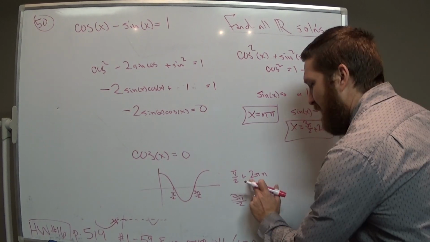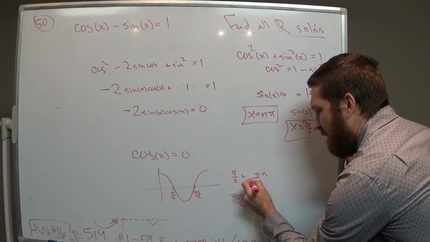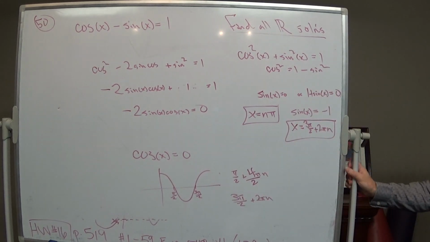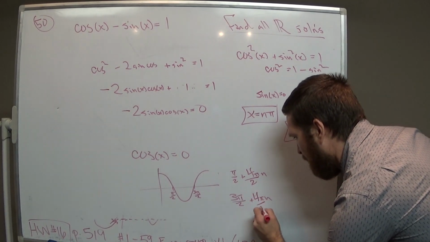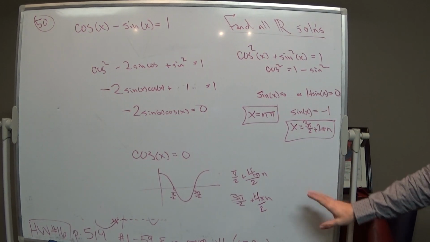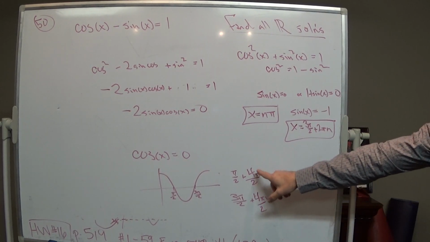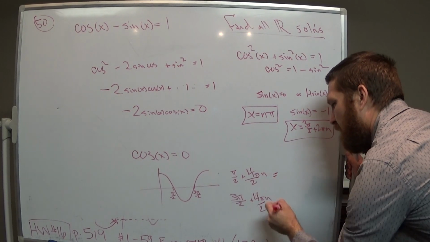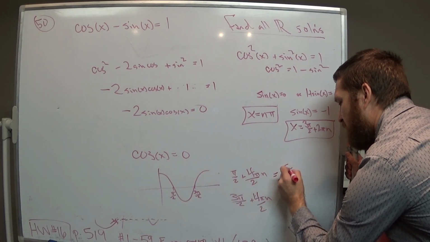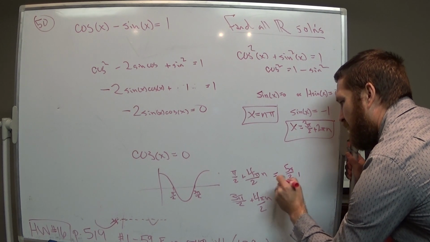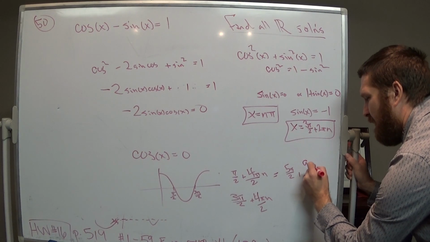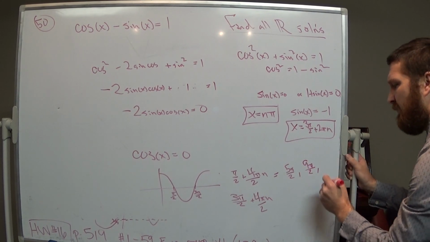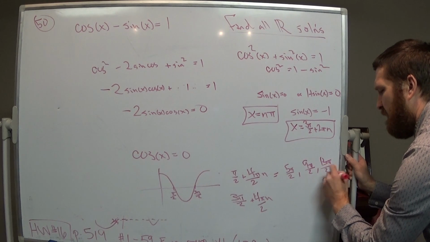So, let's do it this way. That's the same thing as 4 pi over 2. Yeah? This is the same thing as 4 pi over 2. And let's see, let's just start with this. 5 pi over 2, 5 plus another 4 is what? 9 pi over 2. 9 plus 4 is 13 pi over 2.